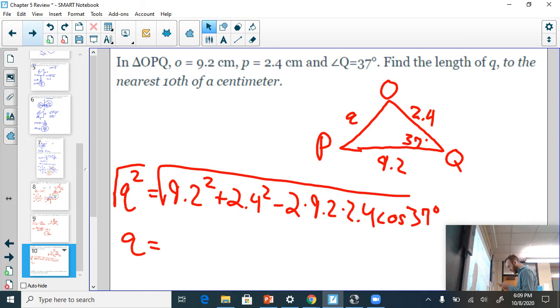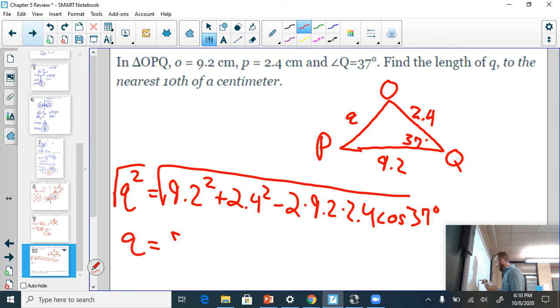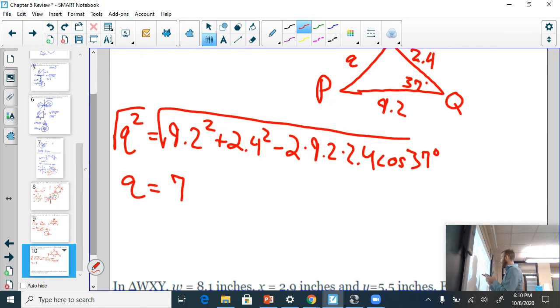And then the square root of that. Which is going to be about 7, and then it asks to the nearest tenth of a centimeter, so 10.4. That's what Delta Math will be for.